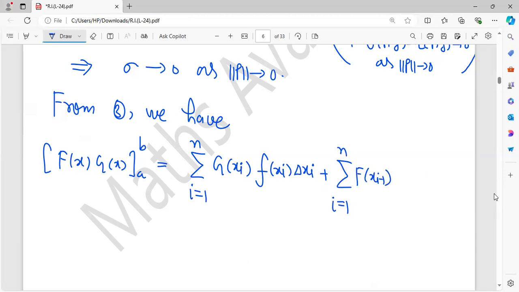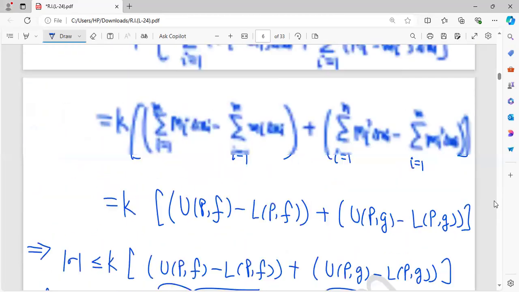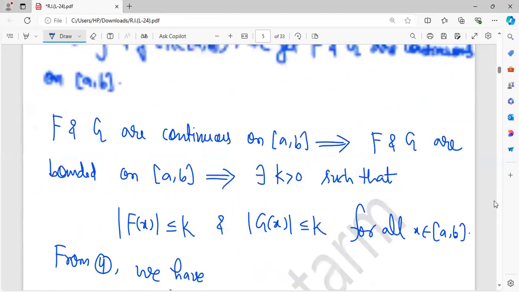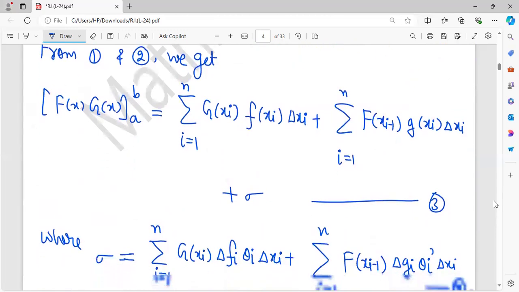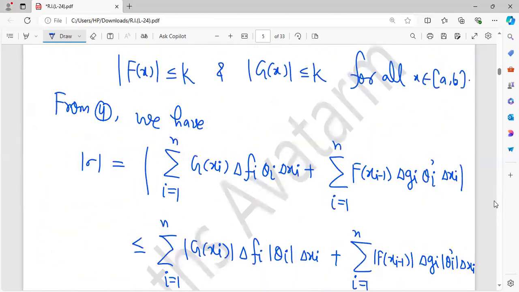Okay. Let me check again what was in equation number 3. And g xi delta xi.